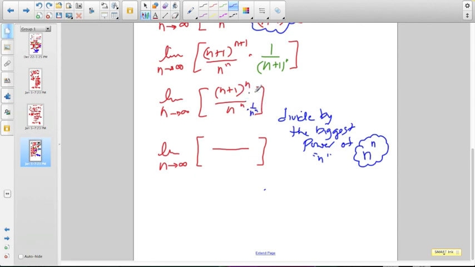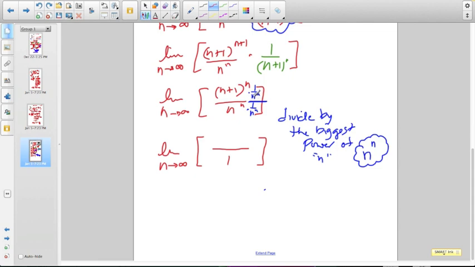And then I'll come up here and multiply by 1 over n to the n. Okay, so no argument here. That's just 1, so we're not changing the ratio. Down here, n to the n over n to the n is 1. So we've got a denominator of 1. That's really nice. Up here, I have n plus 1 to the n power divided by n to the n.